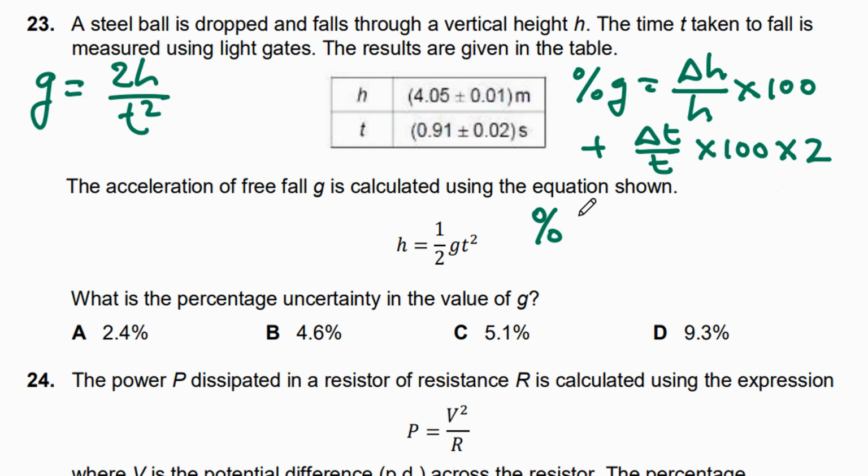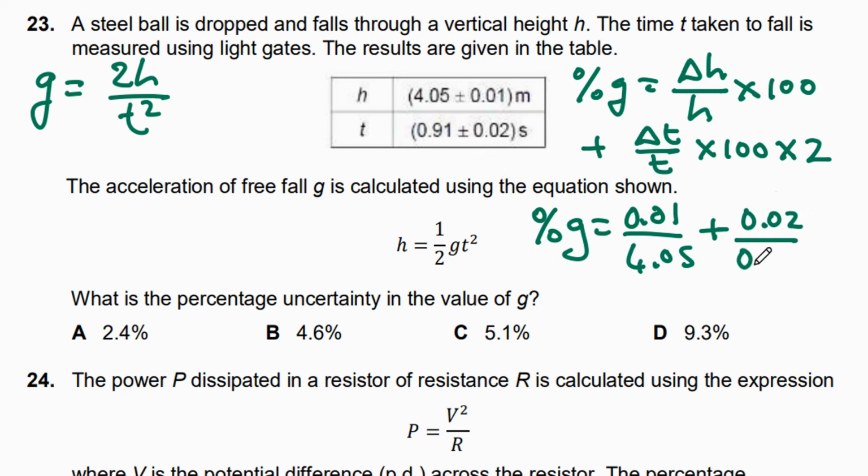So the percentage uncertainty in G is delta H over H, so 0.01 divided by 4.05 plus the percentage uncertainty in T, 0.02 divided by 0.91, and of course we multiply this by 2, and then we can multiply everything here by 100.